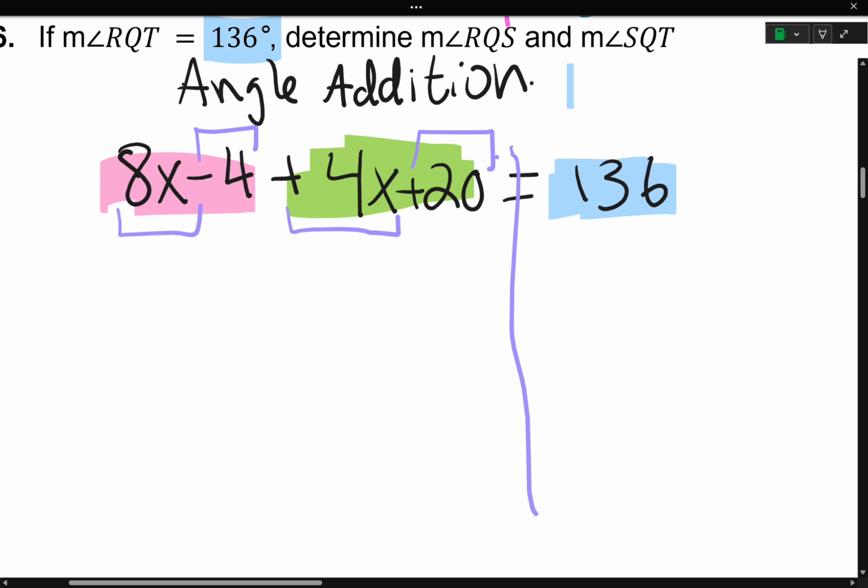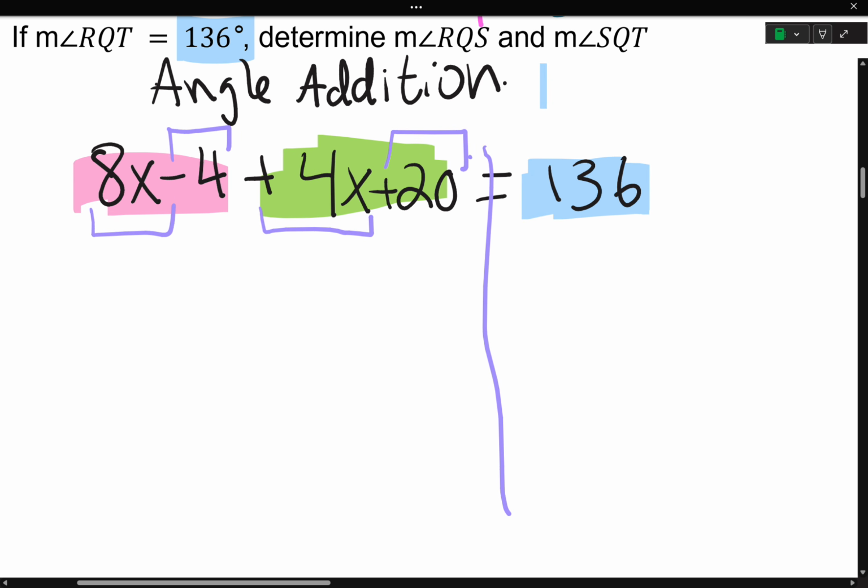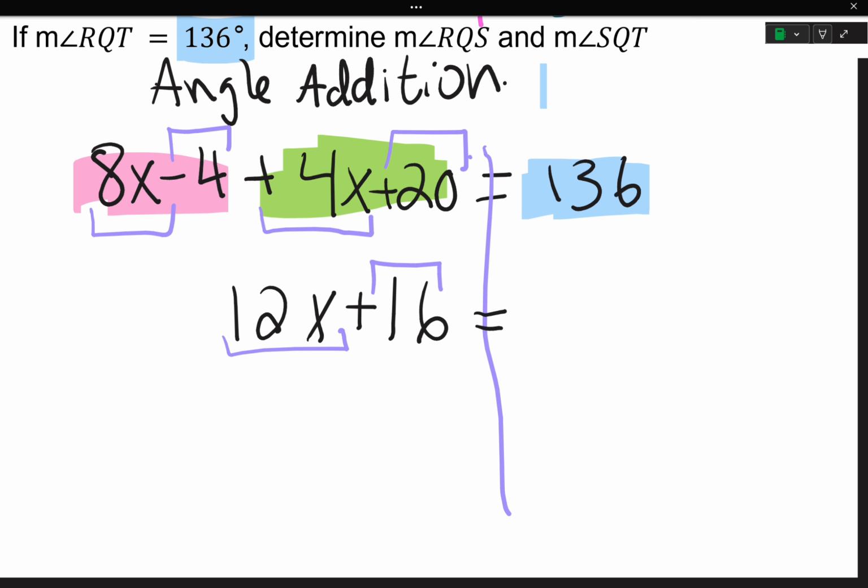I'm so glad I just caught that. Alright, let's combine. 8x plus 4x is 12x, and negative 4 plus 20 is 16. So we get 12x plus 16, and it still equals 136.